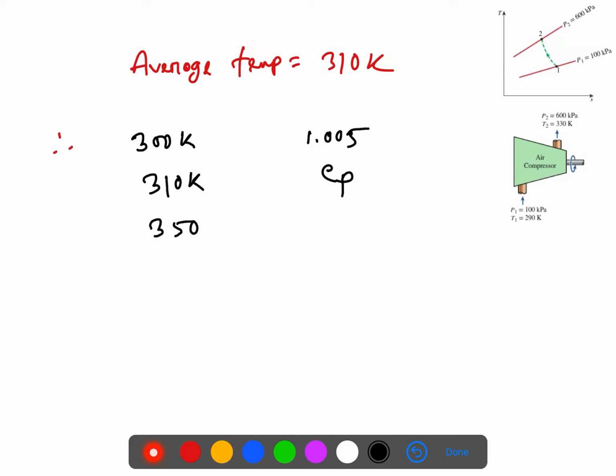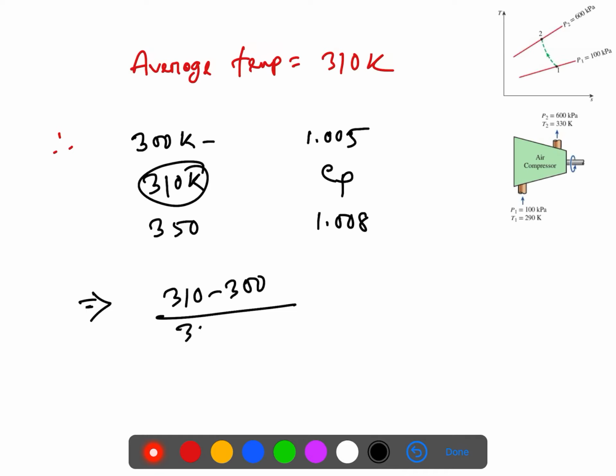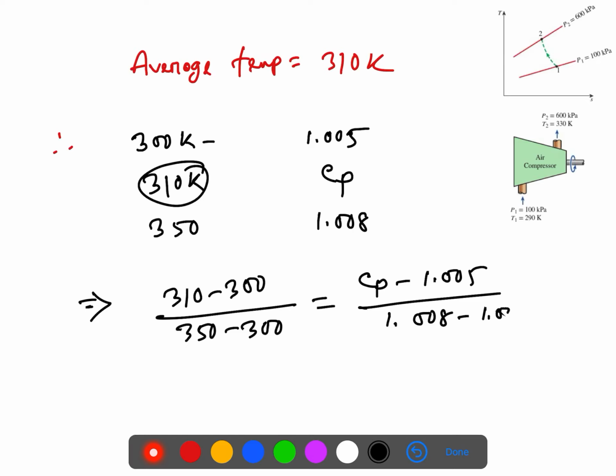For 350, it is 1.008. Right. So you know how to do the interpolations. It is pretty straightforward. So this one minus this one. So 310 minus 300, 350 minus 300. Similarly, it is Cp minus 1.005. It is 1.008 minus 1.005.